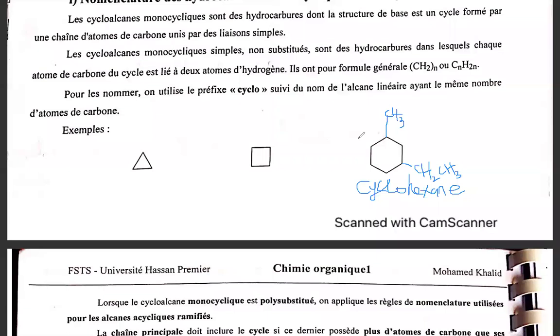So, we have a cyclohexane with 2 substituents. It's the same principle. Now, the question would be, where are we going to start from? So this is a compact writing for ethyl, and this is a compact writing for methyl.